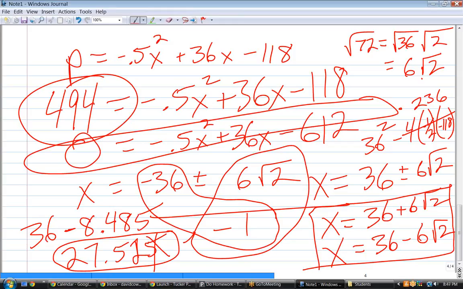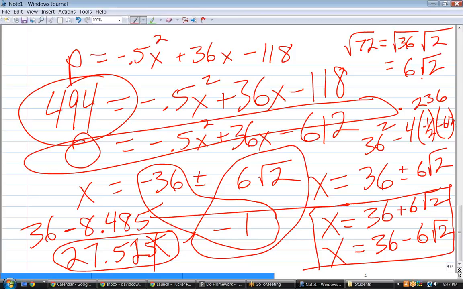What? Hold on. C is not 118. C is 612. Let's go back and do this again here. C is minus 612. So it's minus 612.